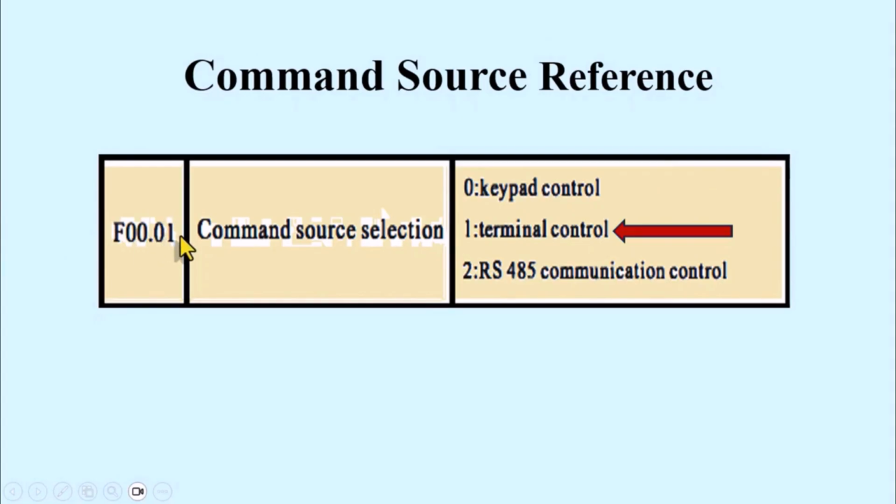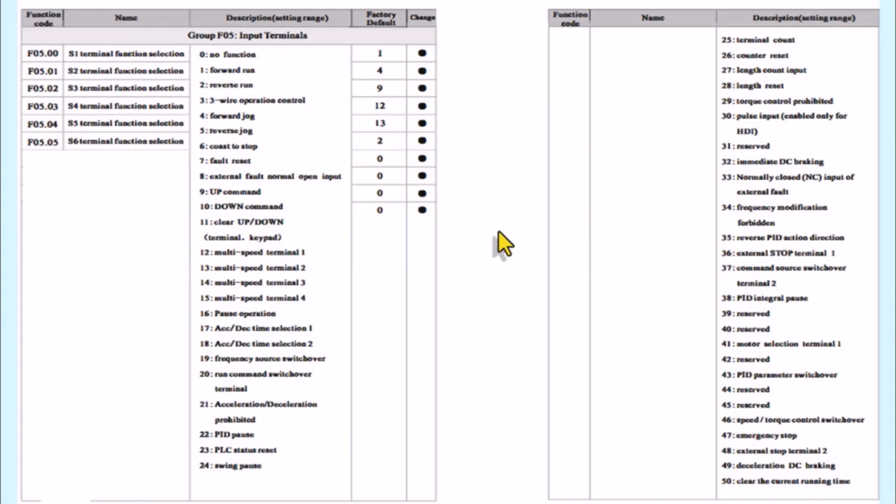This time, in parameter number 1, we set it to 1. If we set it to 1, our command source, or our start-stop control, will be managed through the digital inputs of the BD600 inverter.